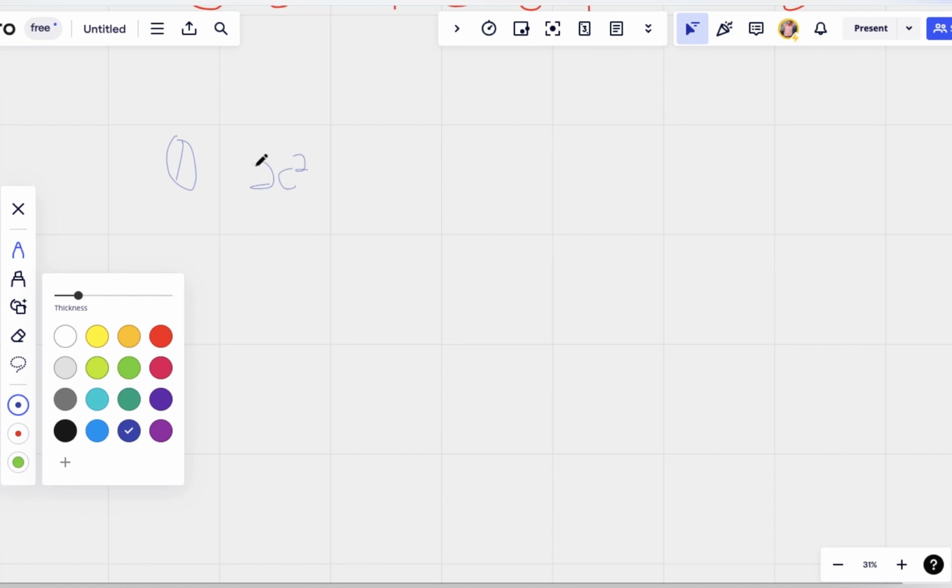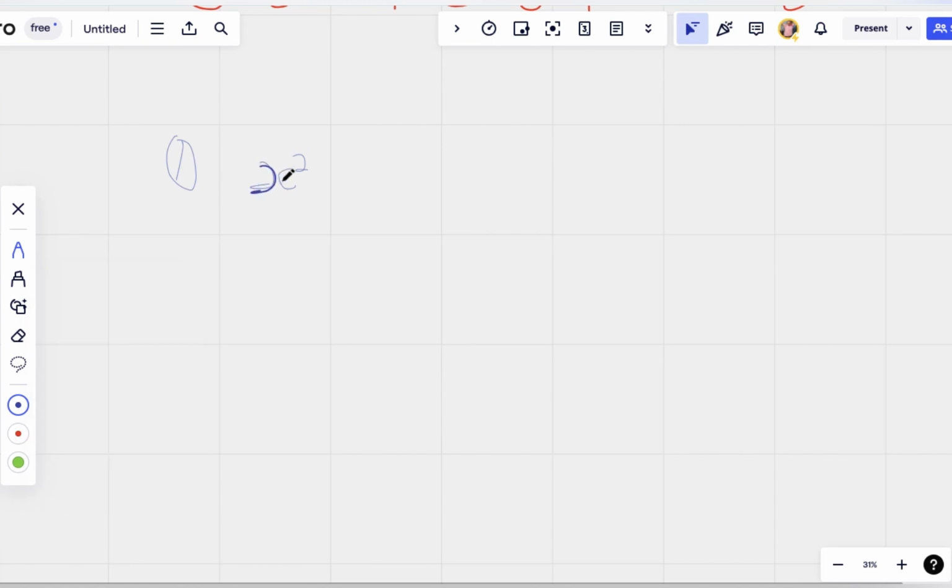If you have this, we already know that a is 1 because it's the coefficient of x squared, b is 10 and c is 9.